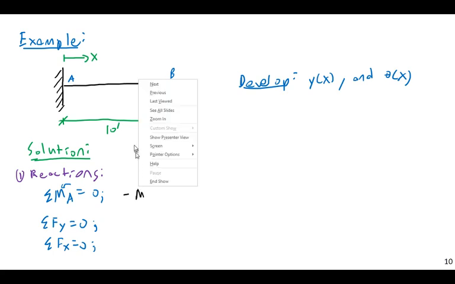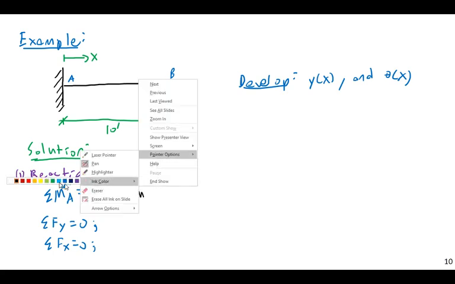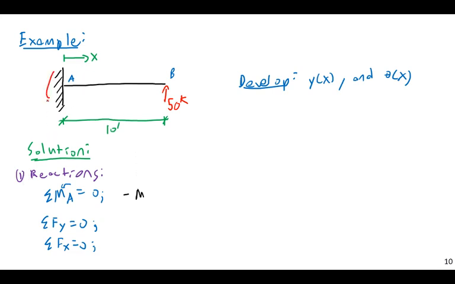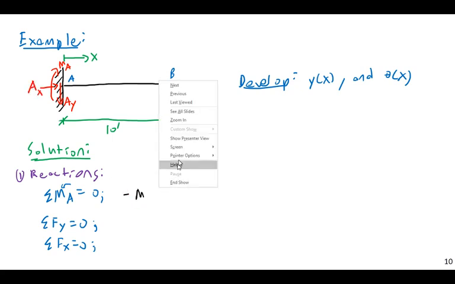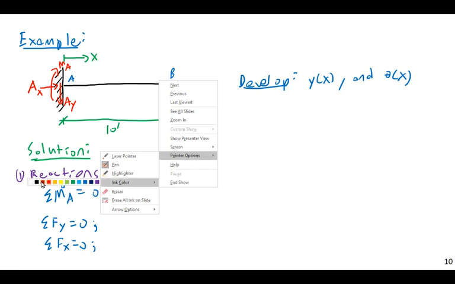Let me actually draw these on the diagram. Again, we have MA. I'll just go ahead and draw the directions they have to be. I know this is going to have to be in this direction, and AY, and AX, which we can just say is going to be equal to 0. So let's find all of this.